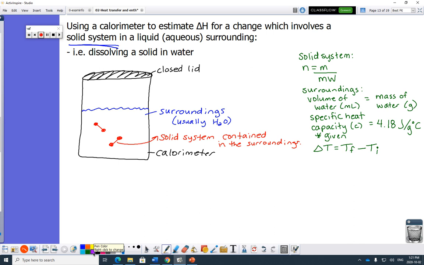So let's say 50-50, right? Temperature goes up, temperature goes down. There's only two choices.